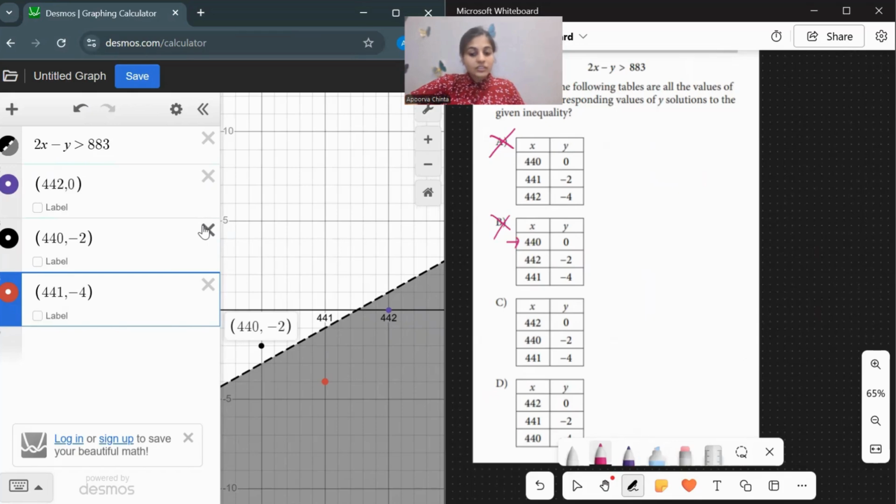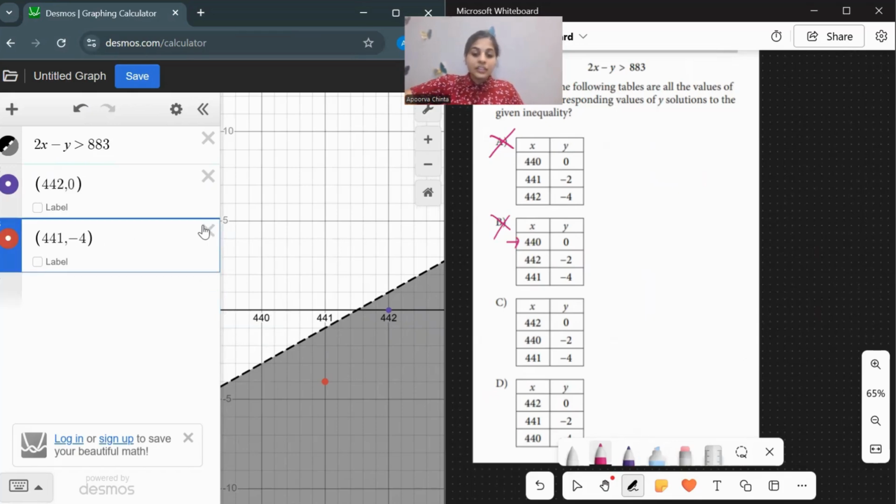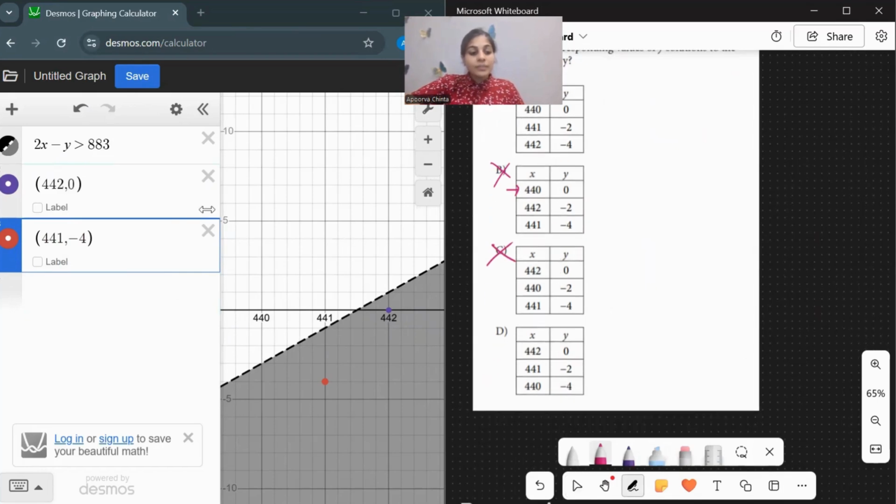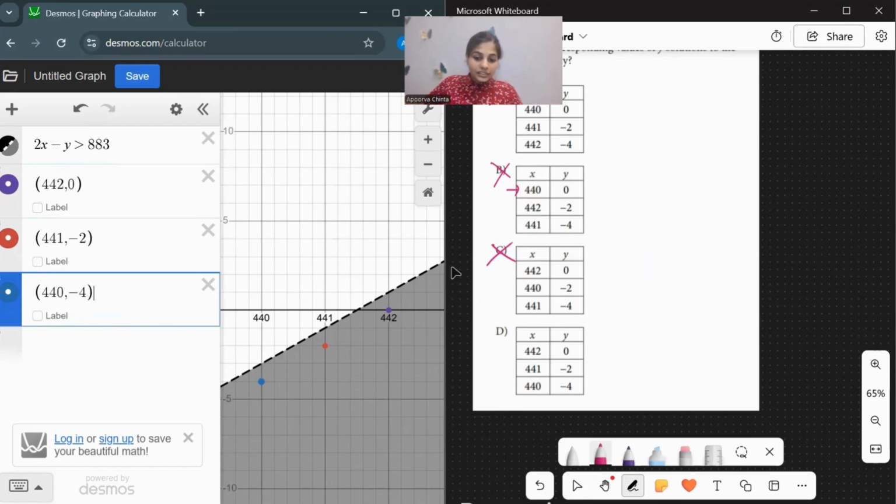So again, this is also not the right answer. So obviously option D is the right answer, but let's recheck. The first one is 440, the next one is 441 and negative 2, which is also inside the region. Next is 440, negative 4, that is inside the region as well. So this is the right answer.